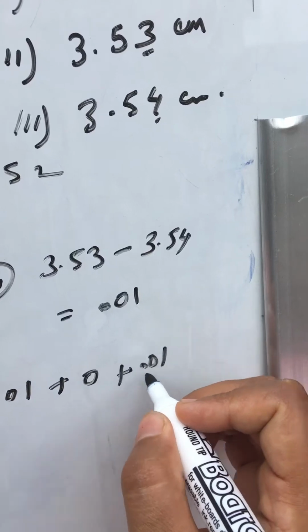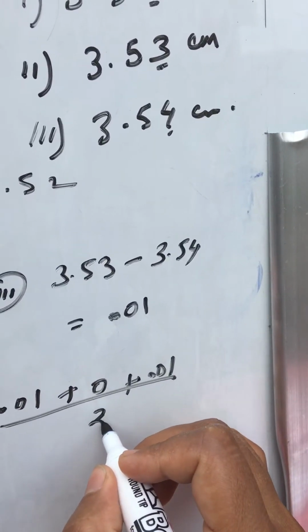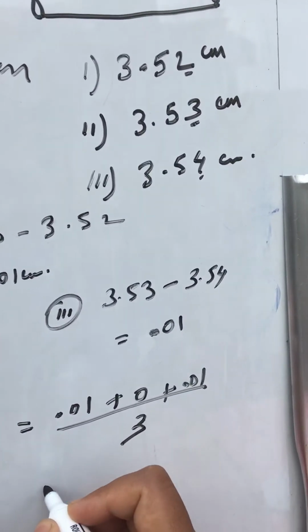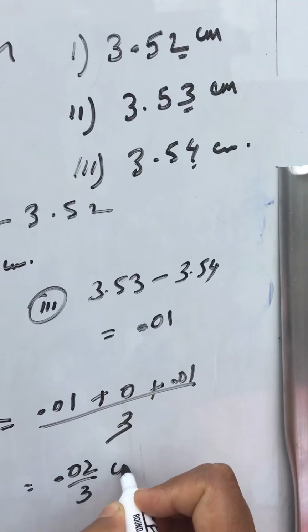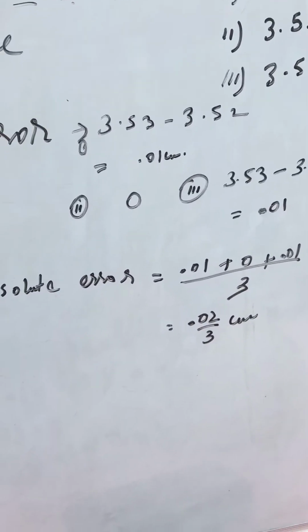So 0.01 plus 0.01 is 0.02, divided by 3 centimeters. So this is the mean absolute error.